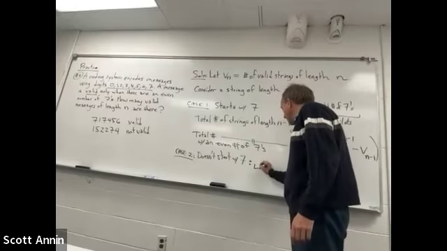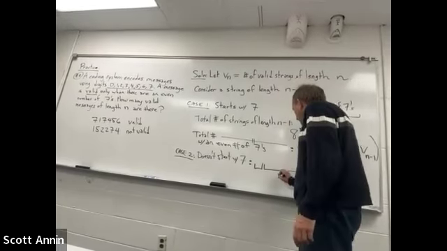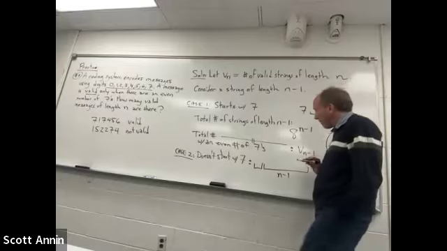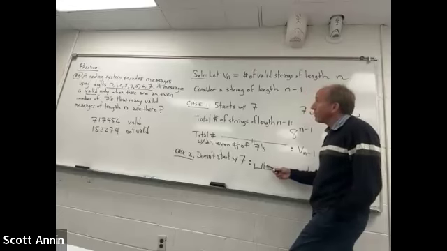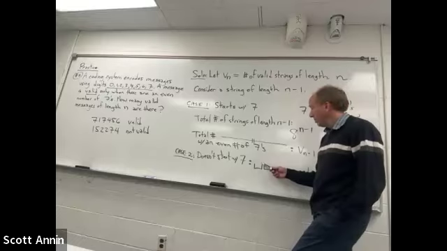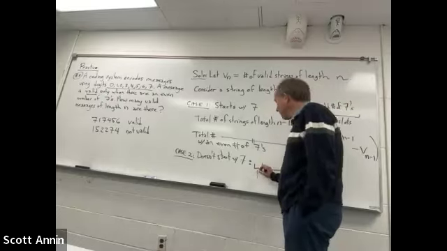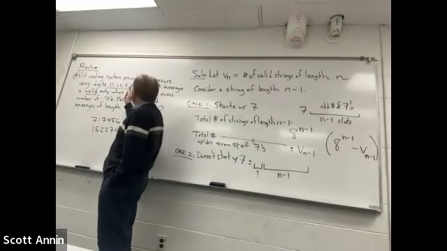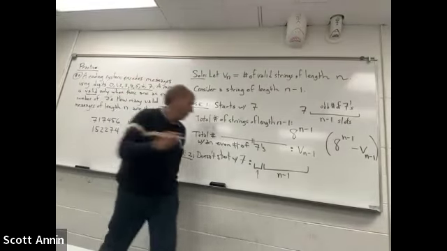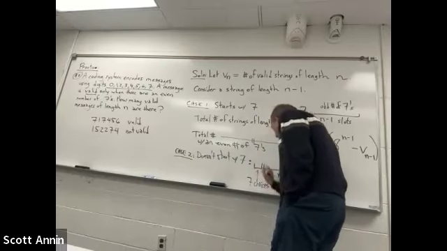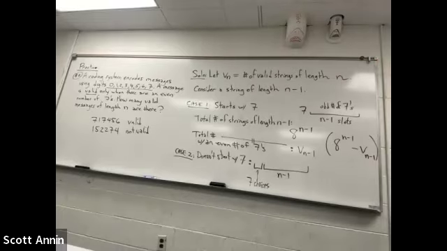So the first slot is here, and then the rest of the n-1 slots is here. So if it does not start with a 7, then how many things could it start with? Like, how many choices do I have for this? It could be a 0, a 1, a 2, a 3, a 4, a 5, or a 6. There's 7 of those. So there's 7 choices for that first slot, any one of the numbers except for a 7.